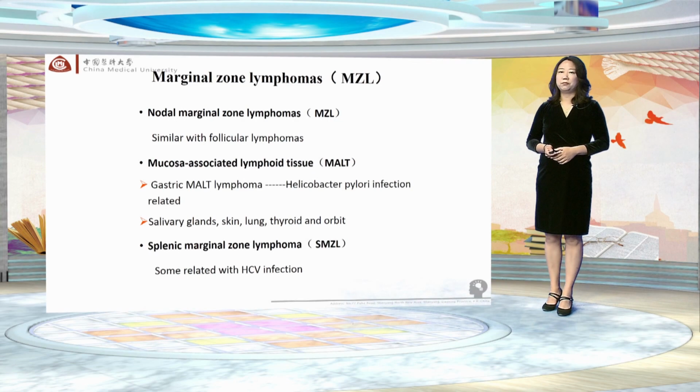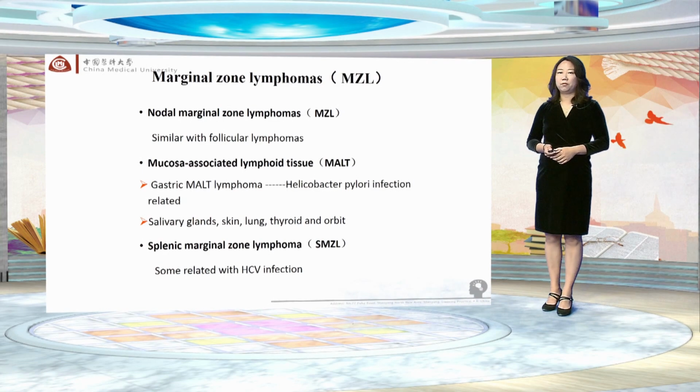Nodal marginal zone lymphomas do not differ from follicular lymphomas with regard to clinical presentation, outcome, and management. As for patients with extranodal tumors, sites of presentation include the gastrointestinal tract, especially the stomach, and also salivary glands, skin, lung, thyroid, and orbit.